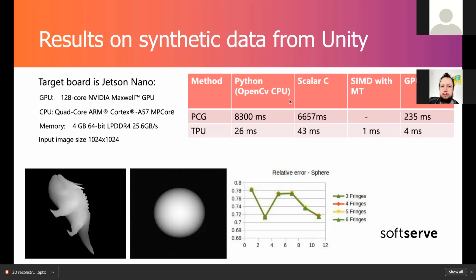On the GPU it is more or less better, but not comparable with the temporal phase unwrap. And we also looked at relative errors. We tried different numbers of phase-shifting patterns, I mean different steps, and it showed that when we increase the number of patterns, sometimes it's better.